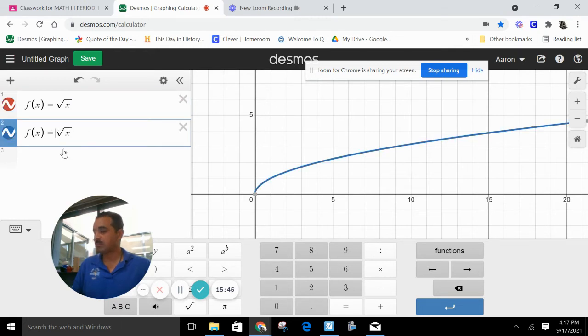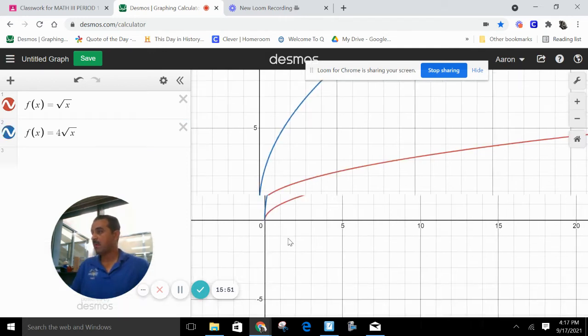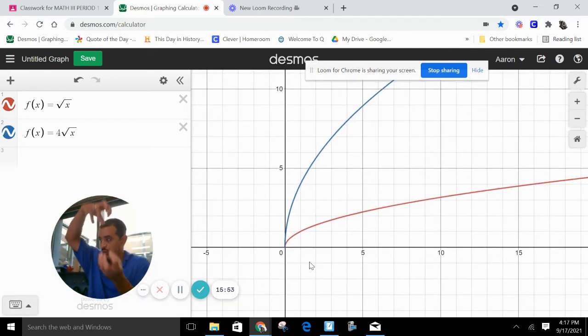Let me multiply the whole function outside the square root by 4. And look what we got. We have a vertical stretch. In other words, this function is now stretched away from the x-axis. We took that red parent function and stretched it away from the x-axis, so we call this a vertical stretch by a factor of 4.